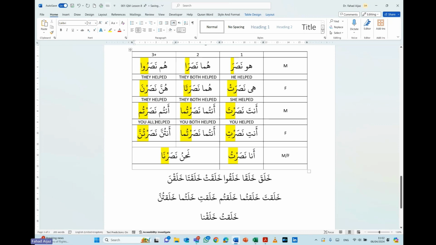You helped, you helped, you helped, but just to differentiate here. Anti nasarti is you helped, feminine. You both helped, feminine. You all ladies help, or whatever you want to remember it for. So you all helped. Okay. Ana, I helped. Nahnu, we helped.